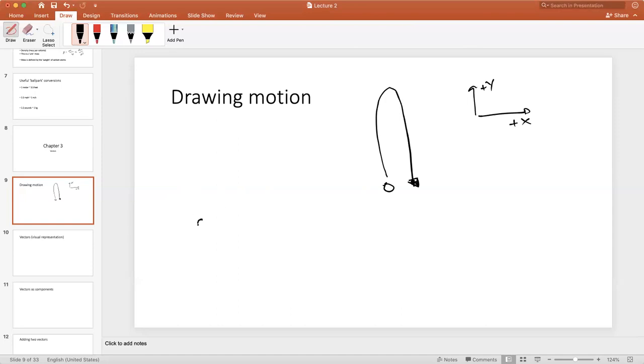And I actually want two vectors. I want a vector that shows its velocity. So initially its velocity is up in the y direction. And there's an acceleration due to gravity, which I'm going to call g.